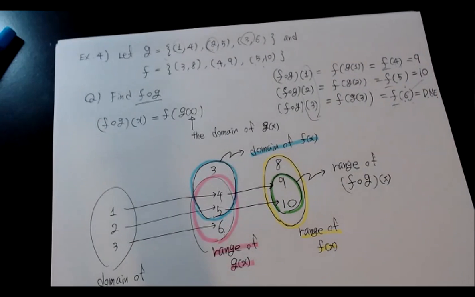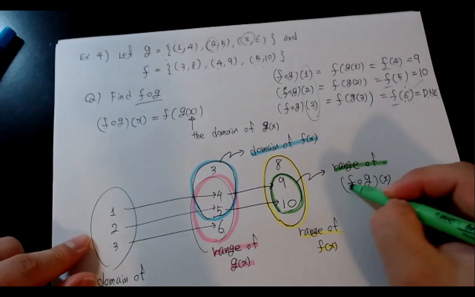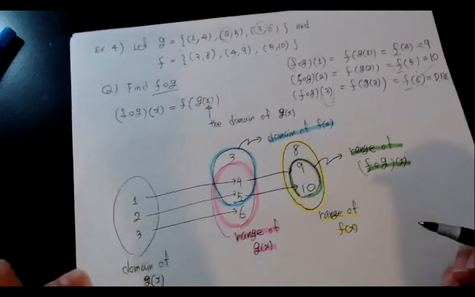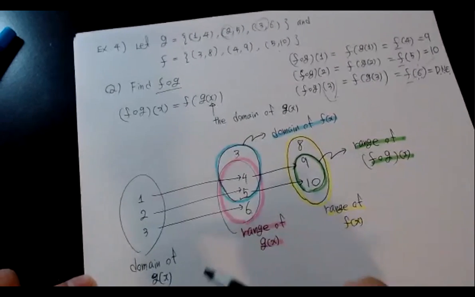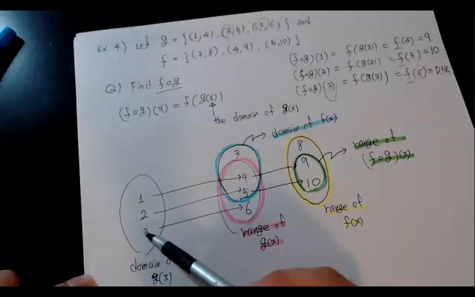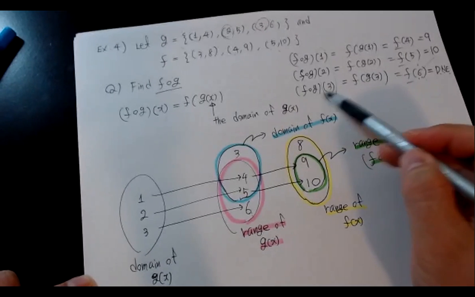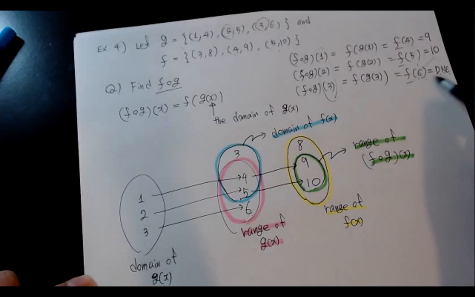Here's a question. What about the domain of f after g? What's the domain of a composition of f and g? Just 1 to 3? No. You see that? When x equals 3, eventually we got DNE. When you plug in 3 into the composition of f and g, we eventually got DNE.